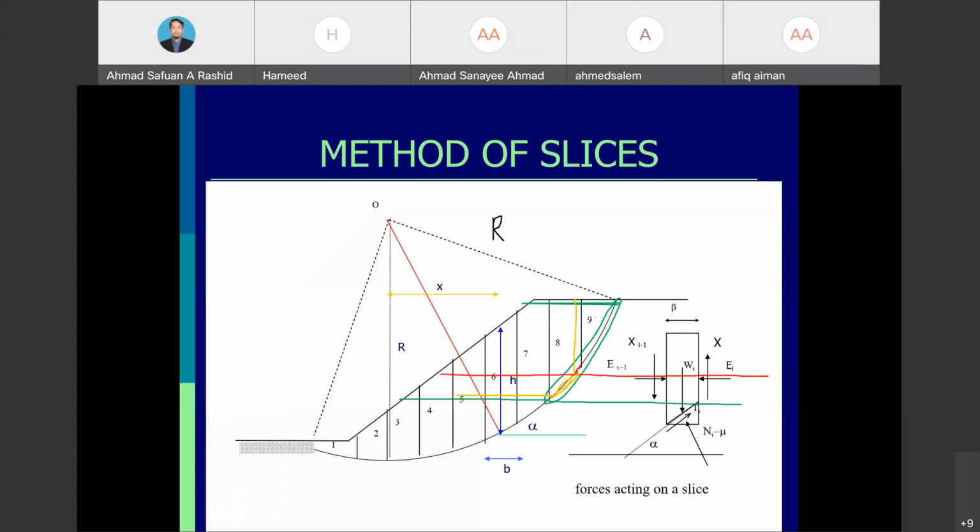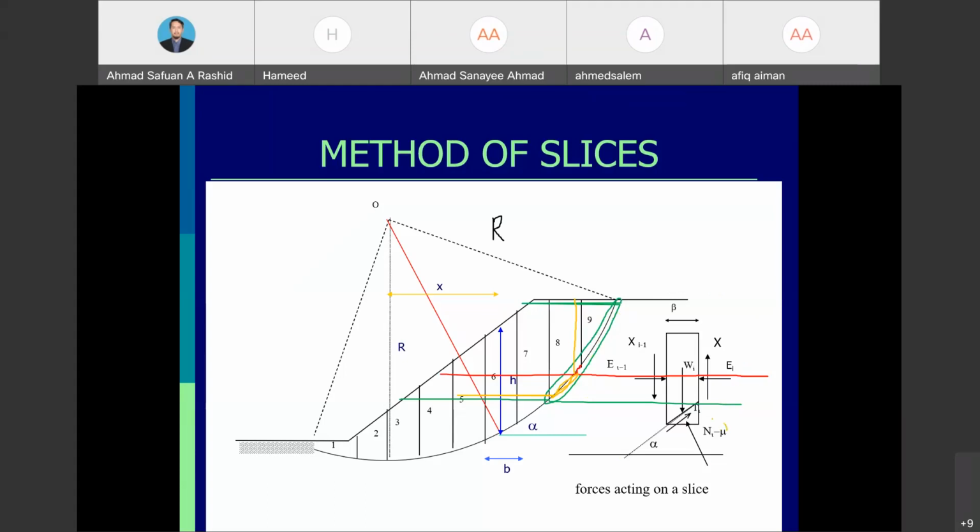So what is the minimum number of slices? It depends. If we want a more accurate result, we should have more slices. Now imagine the forces acting on each slice.